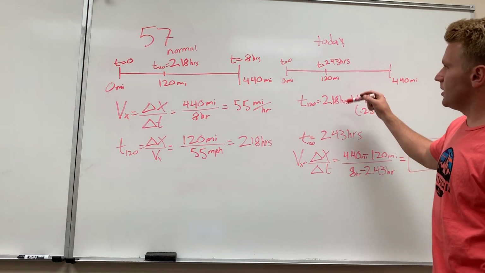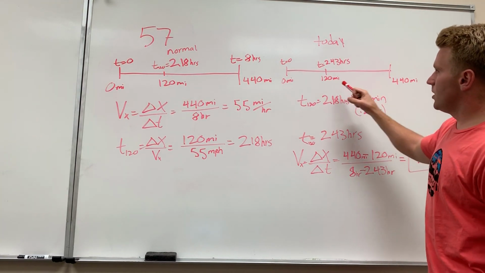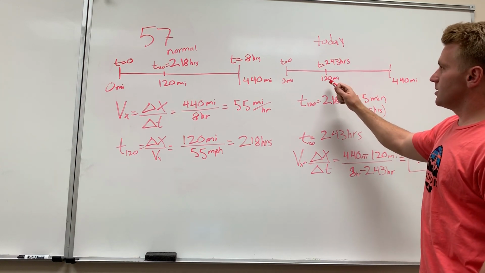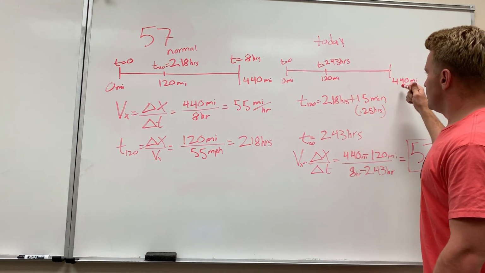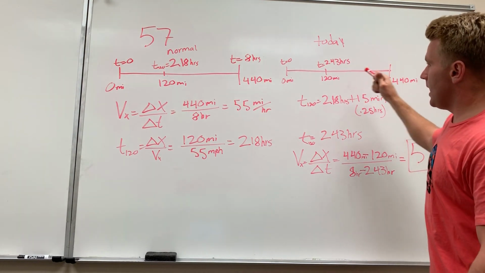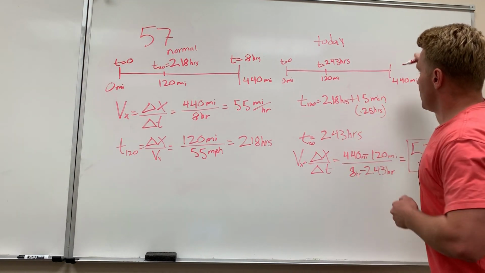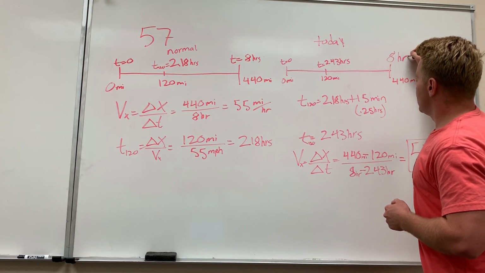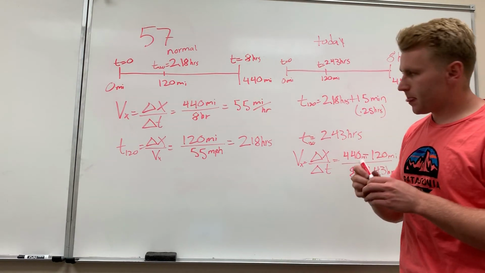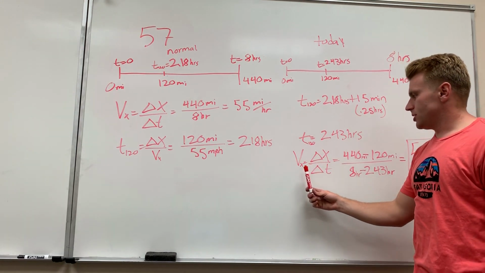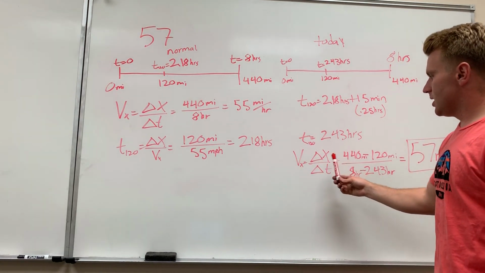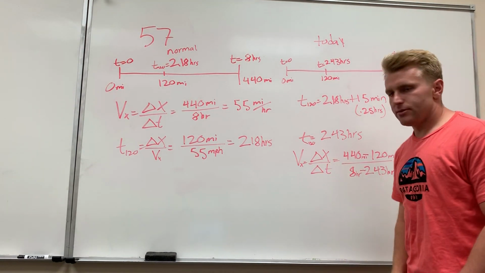So now we need to find how fast he needs to go for the remaining distance, starting from 120 to 440 miles, and after 2.43 hours, to still get there in 8 hours, like he normally does. So we use the same equation, velocity equals change of displacement over change of time.